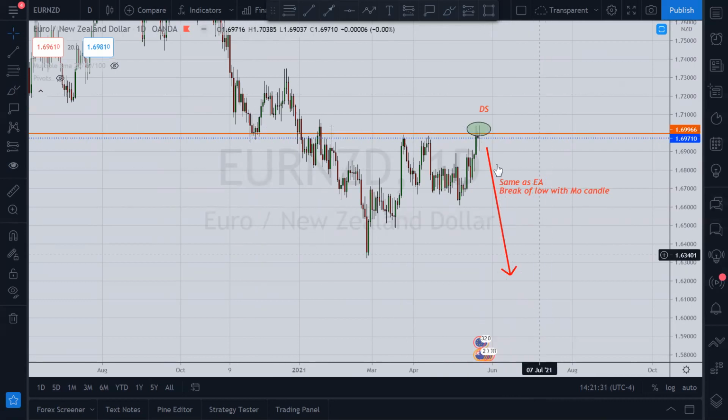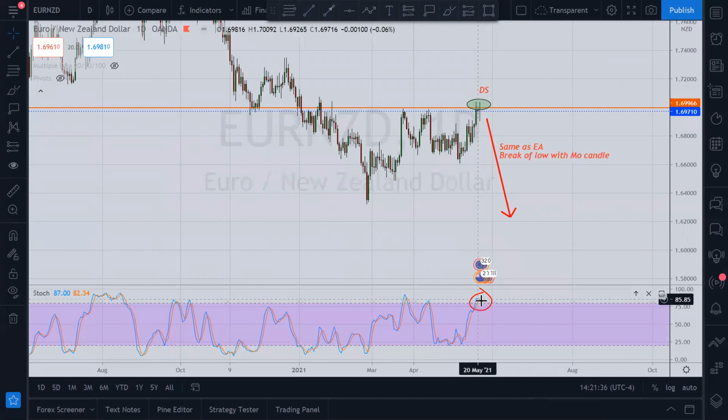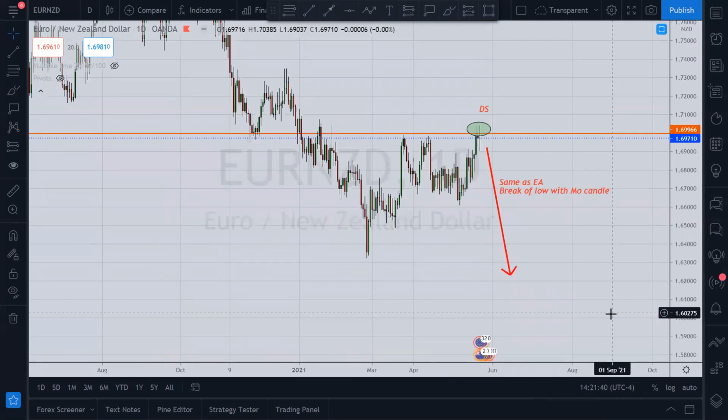Strong resistance. This is a key level, and we're looking for price to continue down. Look at the stochastics. Blue is right now tapping red and getting ready to cross, and we are overbought. So I am looking for the same here, a break below the previous two candle lows. Once I get a break down there, I'm taking this down to the house.